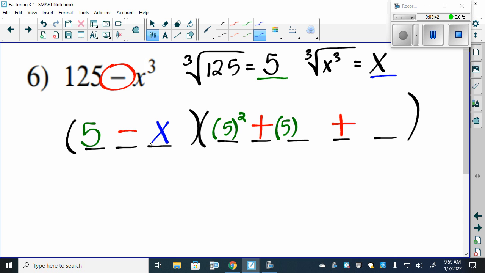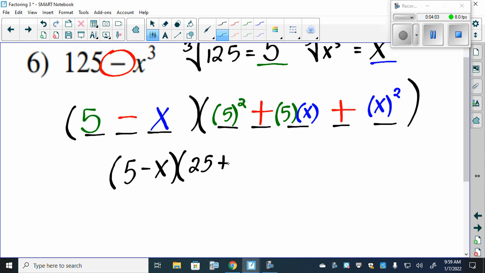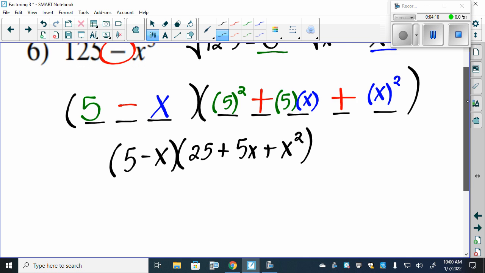Then we'll have x to the 0, x to the first, and then x squared. So when we simplify this here, our first one is going to be 5 minus x times 5 squared is 25 plus x squared.